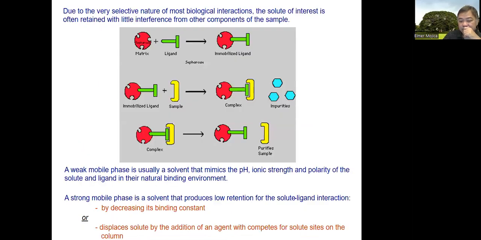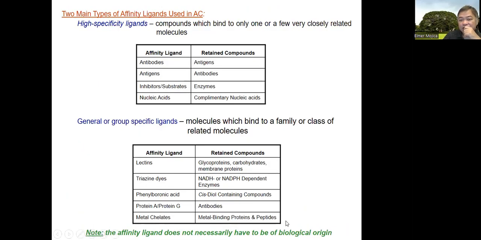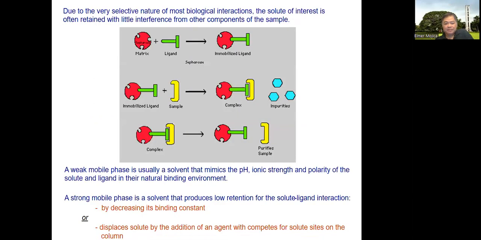Now, you don't need it to be what we call biological in nature. The pet-to-win is not biological in nature. It is what we call chemical in nature. So this is, we could say, very selective. And that selectivity makes it a very popular use in the biological component.